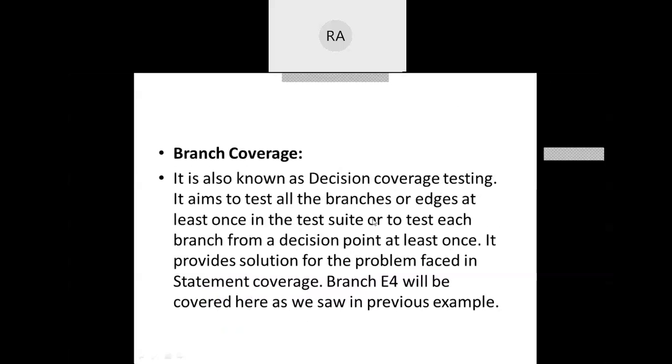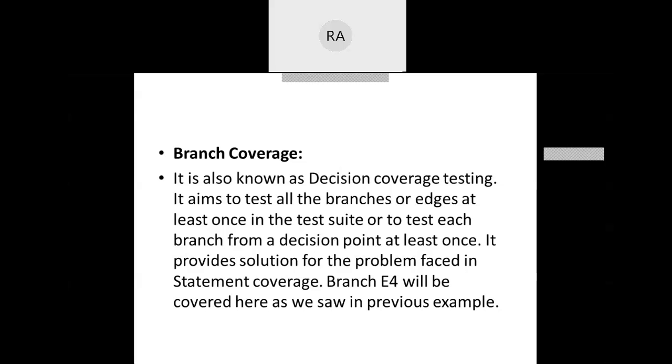After that, I have something called branch coverage, similar to statement coverage. Why do we go for branch coverage? As you have seen in the previous example, certain things are not covered with the help of statement coverage. In order to overcome that limitation, we have to go for branch coverage.